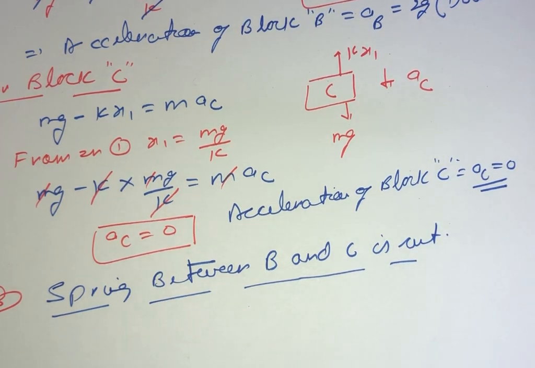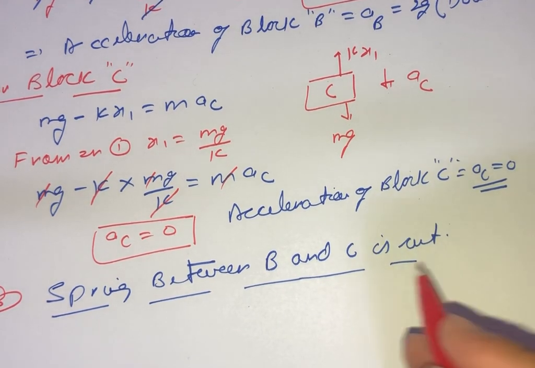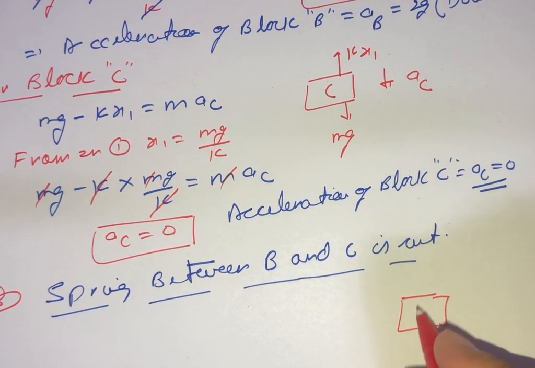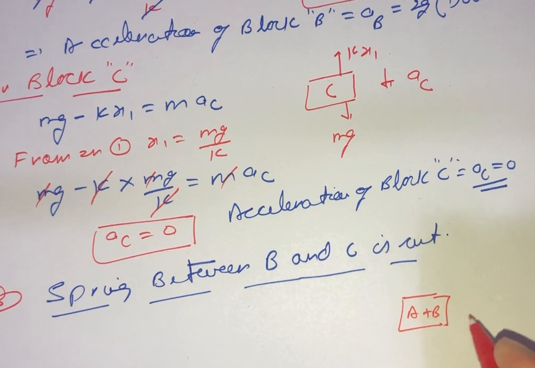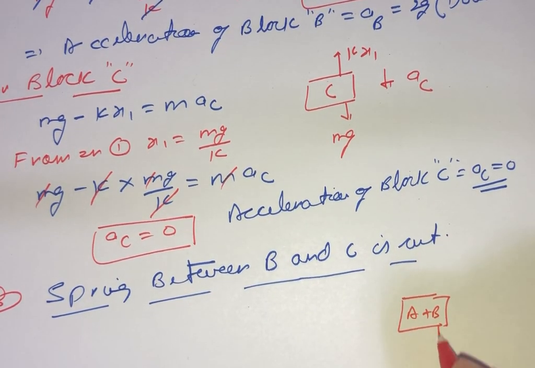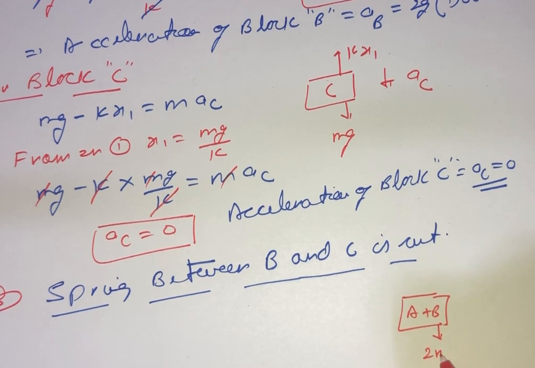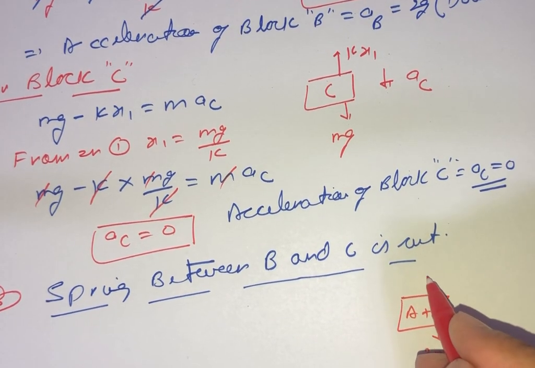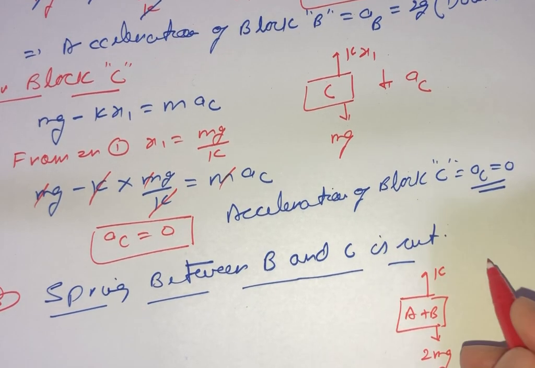So in this case also, if the spring between B and C is cut, then for A plus B we are going to have 2mg in the downward direction, and in the upward direction we are going to have k times x2, where k is the spring constant.